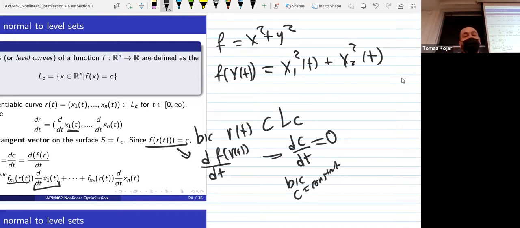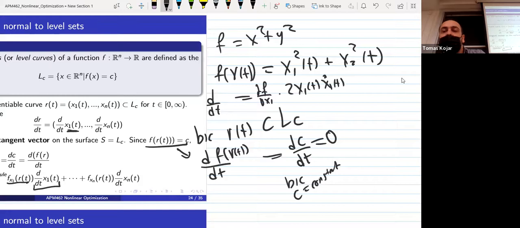And then when I take the t derivative, I get the first derivative of f times 2x1, right? Times x1 dot of t, and yeah, like that.